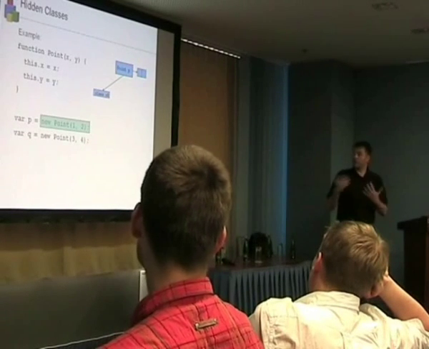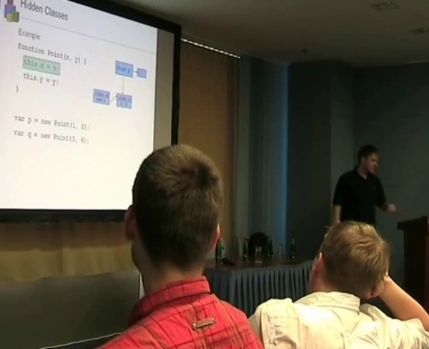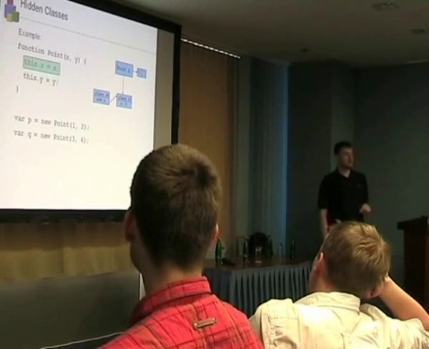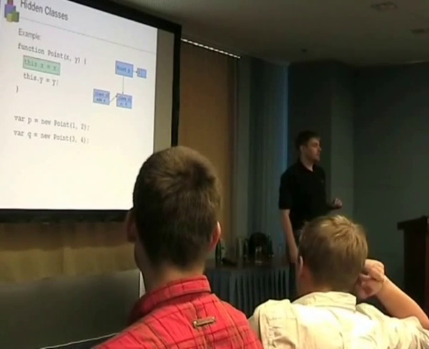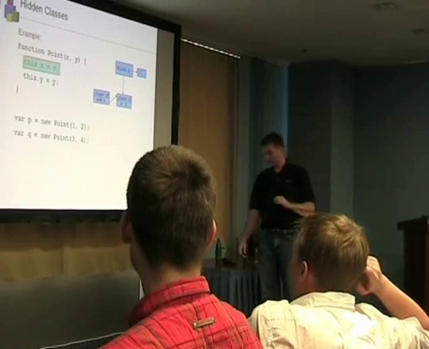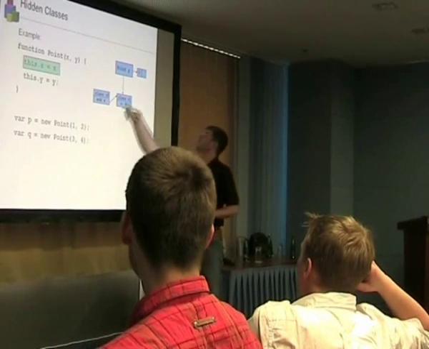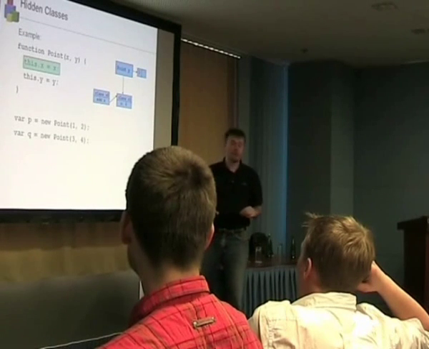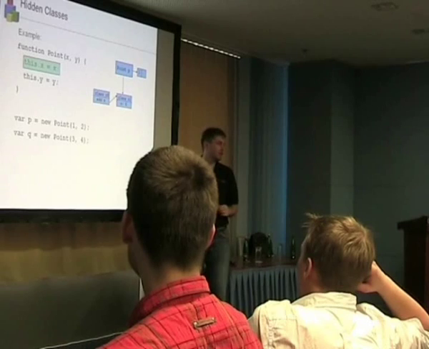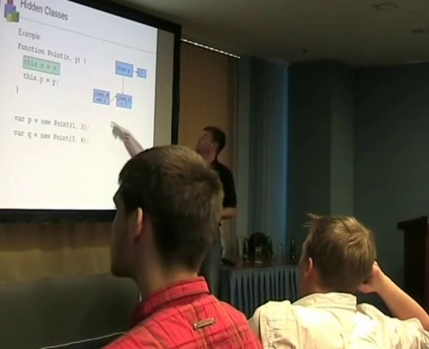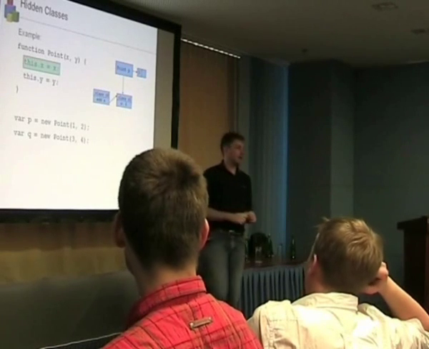Now I've created my object, and it has an initial class. Now I'll start executing the code inside of the function. First I add the X property to my object. To do that, I take the value of the X property, which is 1, and put it in the backing storage. Then I change the class of my point to record that X is at offset 0 in my backing storage.